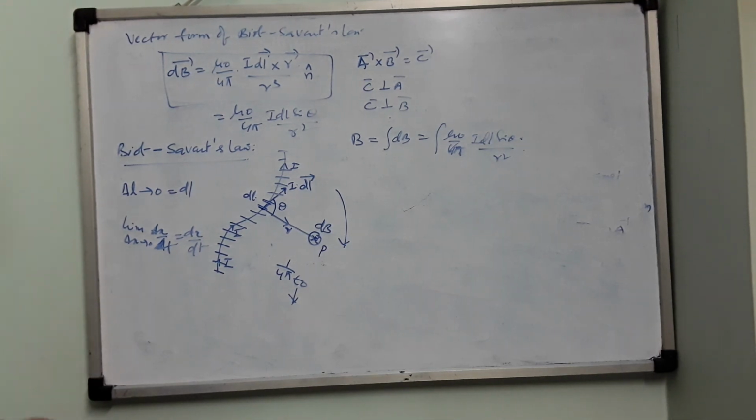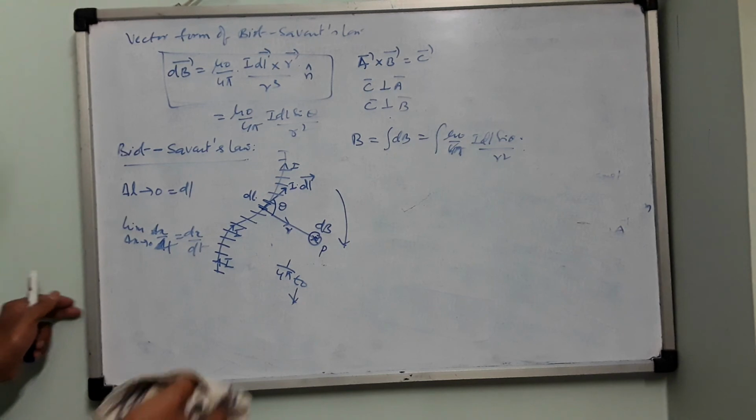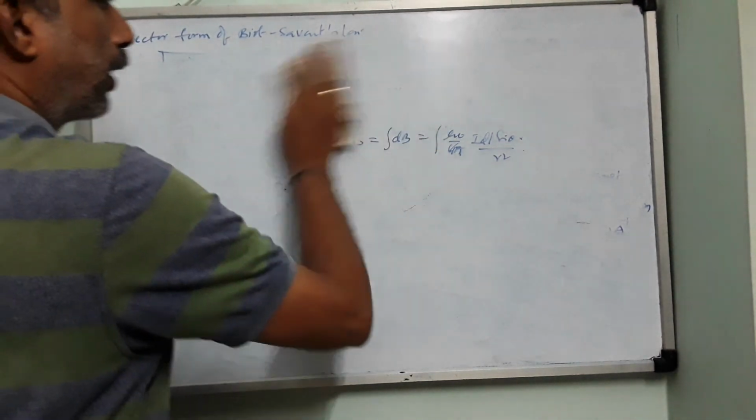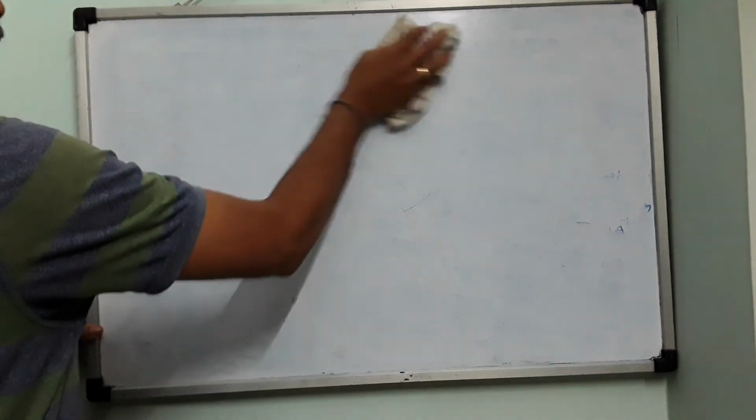Right. So where do you use this Biot-Savart's law? Biot-Savart's law is used to calculate the magnetic field due to a wire.